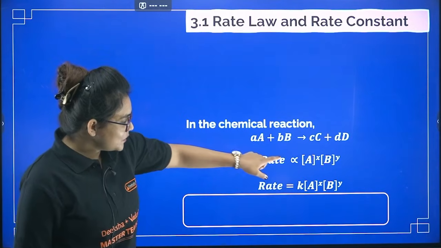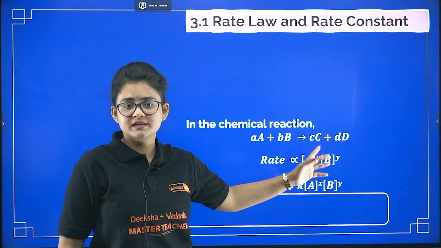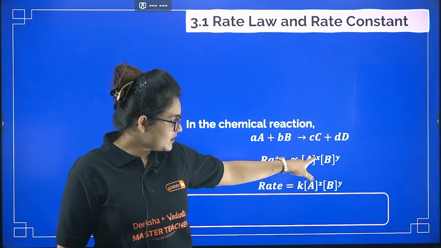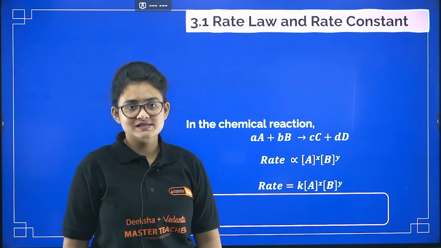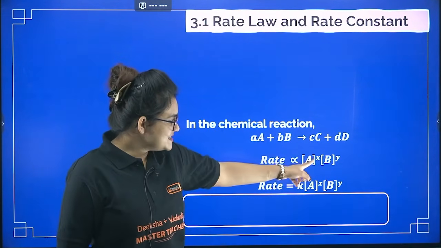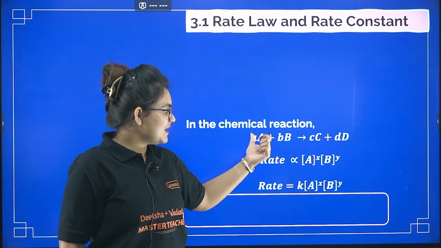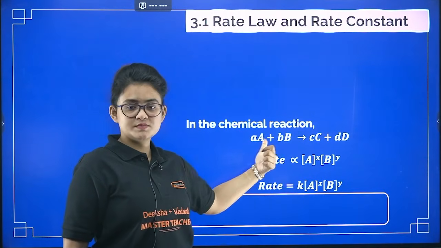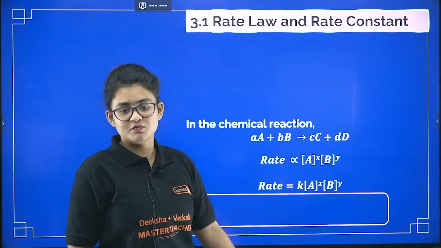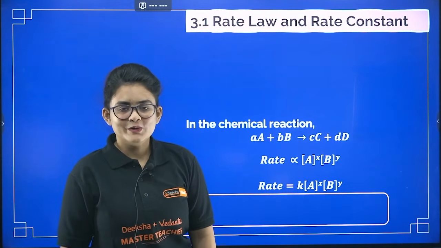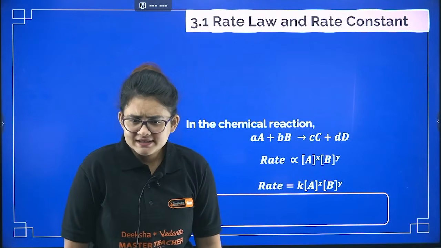And what is there in the power? These powers x and y are not known. You can't say that x and y are always a and b, the stoichiometric coefficients. No, my dear.